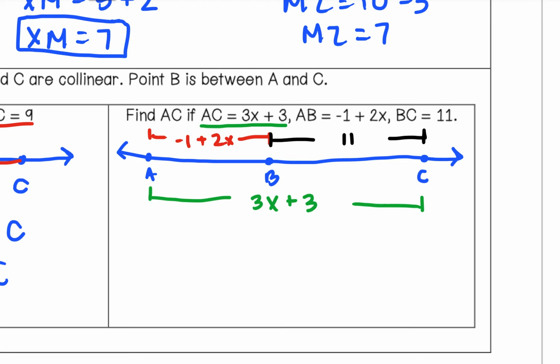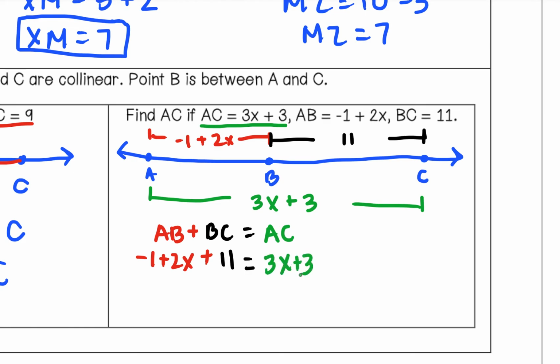So using the segment addition postulate, we know that AB plus BC will equal AC. We're going to plug in the values that we have. So AB is -1 plus 2x, BC is 11, and AC is 3x plus 3.